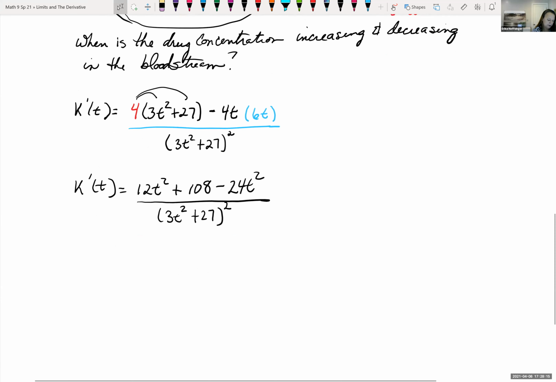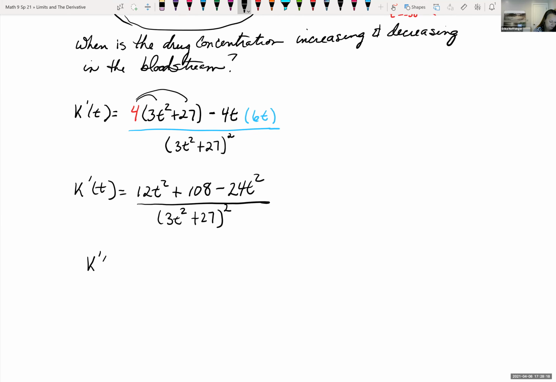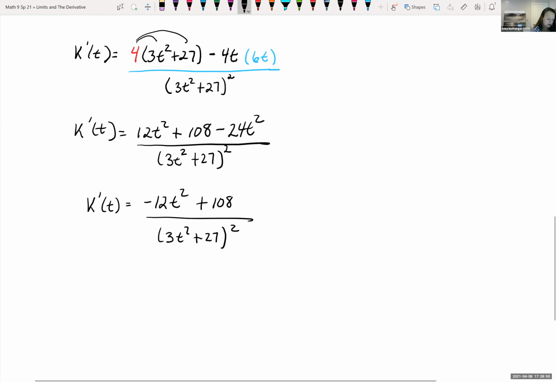So let's combine like terms in our numerator. 12T squared minus 24T squared is a negative 12T squared, plus 108, all over 3T squared plus 27 quantity squared. 12 actually goes into 108 evenly, so if we want to, we can factor out a negative 12.